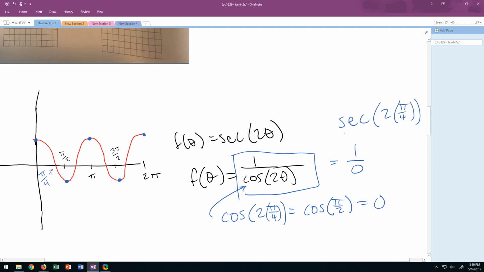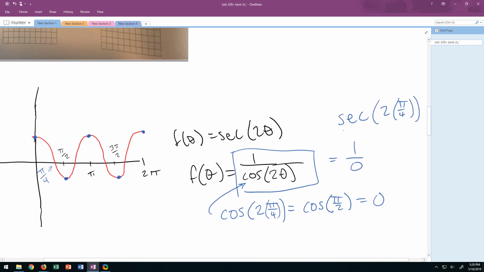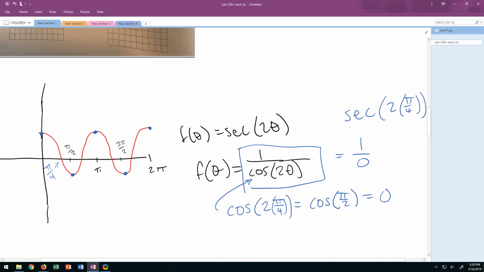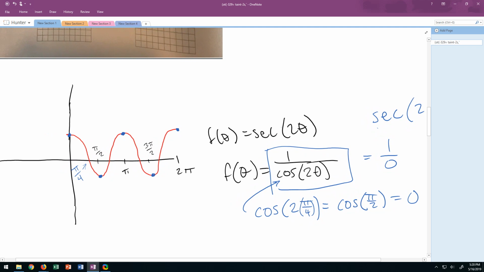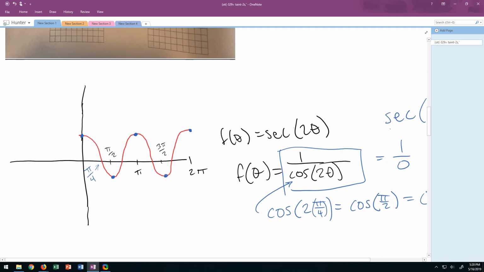Take a minute to look at that. Work that out by yourself. Now, 1 over 0, math breaks again, doesn't it? Remember what happens when we get something like this? It's undefined, right? That means I'm going to draw a dotted blue line down pi over 4.